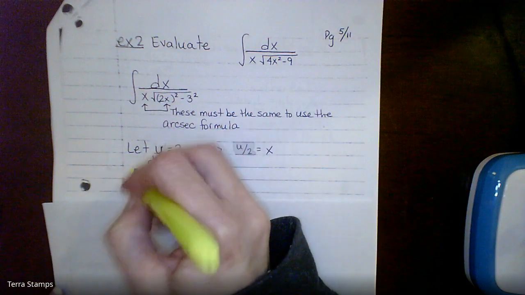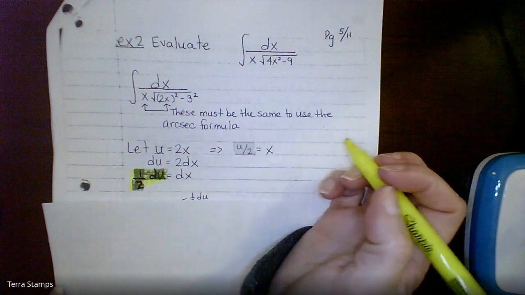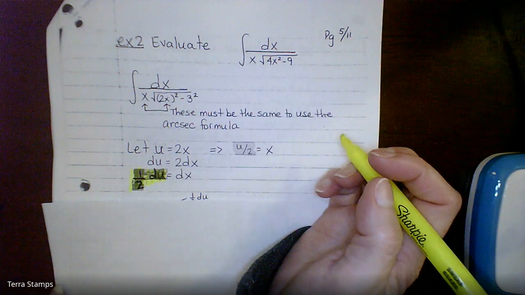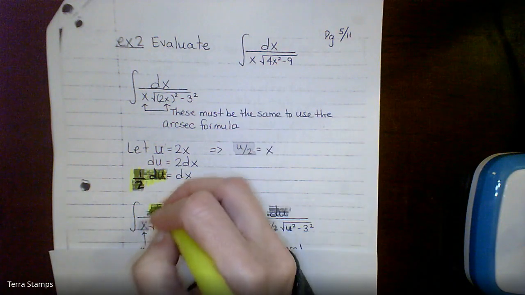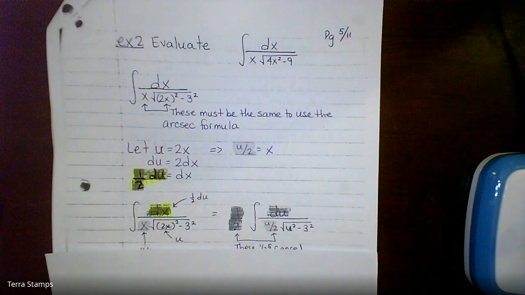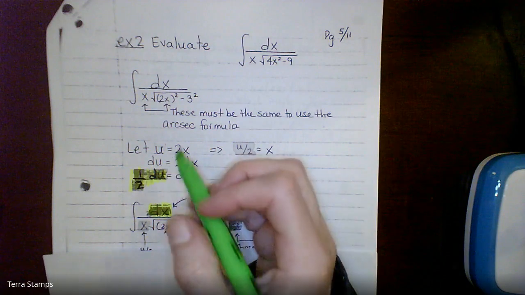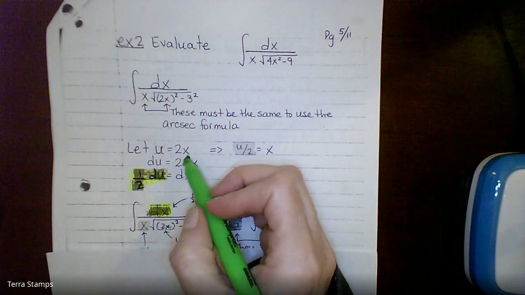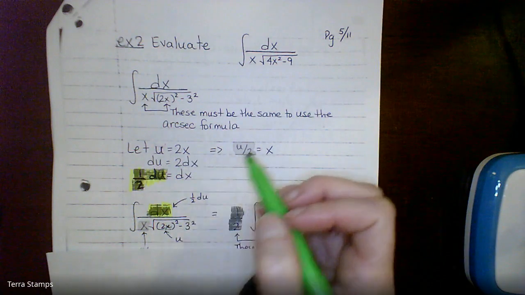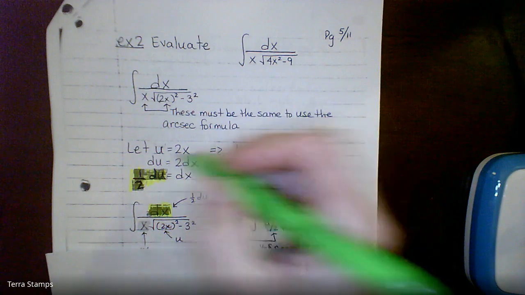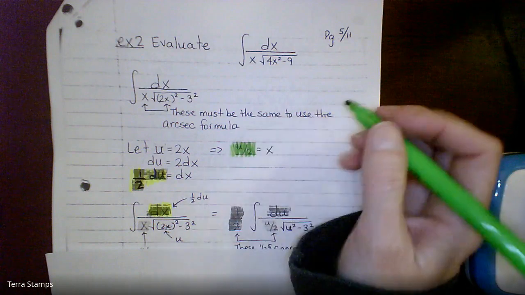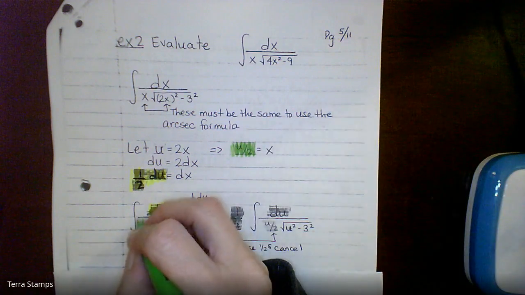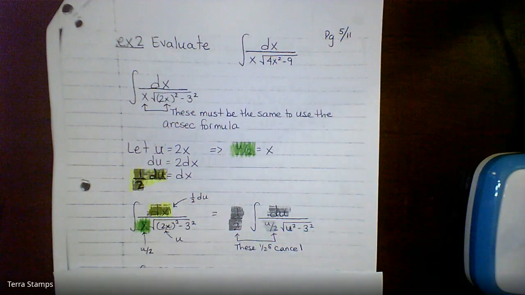So this 1/2 du over here is going to replace my dx. That's not the weird stuff. What's weird is that I'm going to take this u equals 2x and solve it for x so that I get x equals u over 2. That is going to go right there.